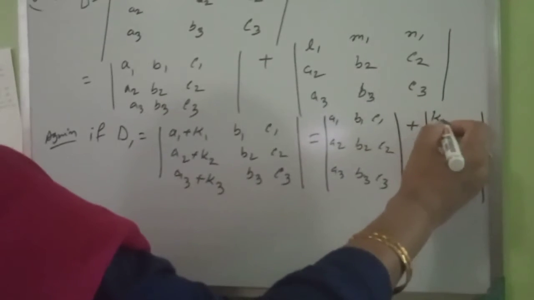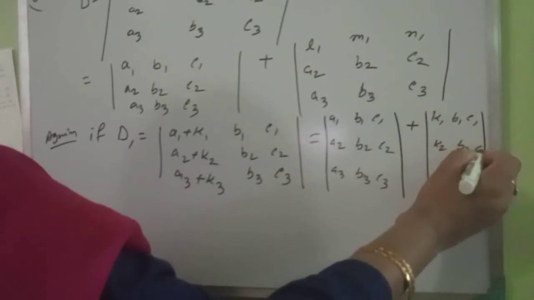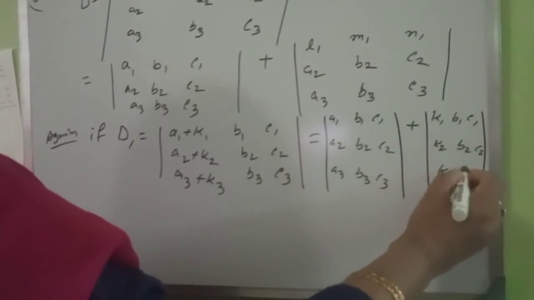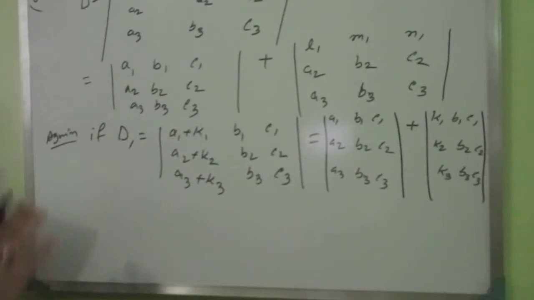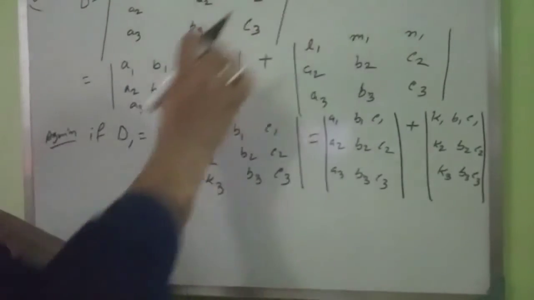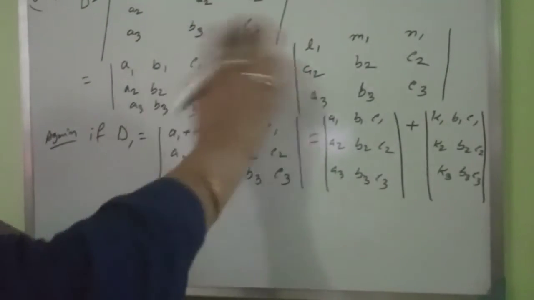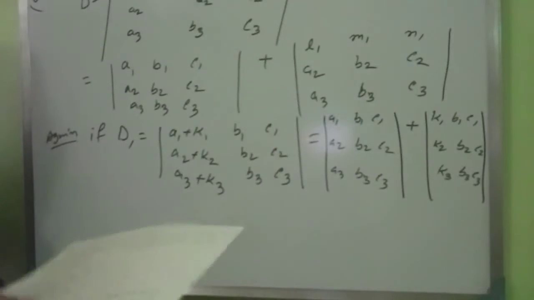And this side we will write K1, B1, C1, A2, B2, C2, and this is coming K3, B3, C3. This way also we can separate the determinants. If the terms are added in a row or the terms are added in a column, then the determinants can be separated in this way. Understood, I think.